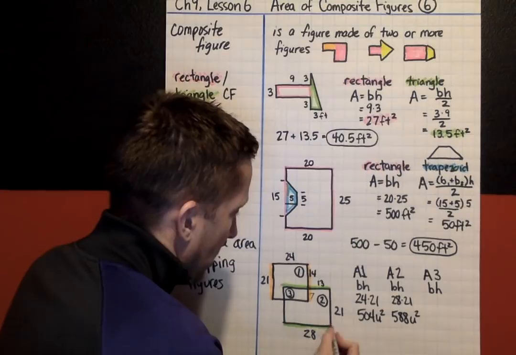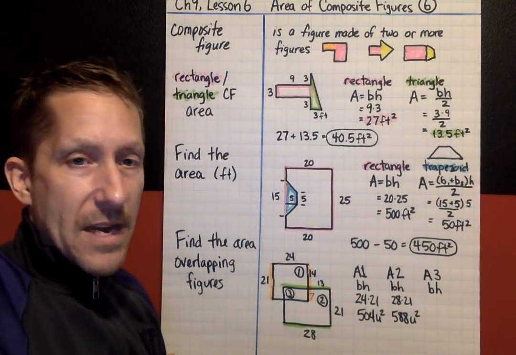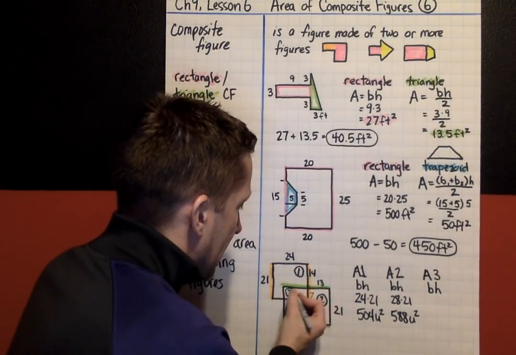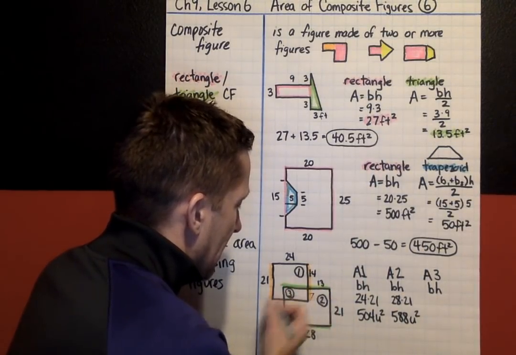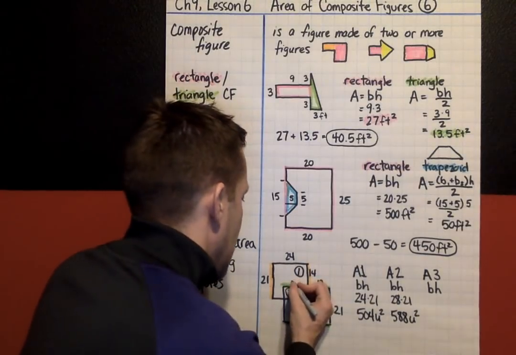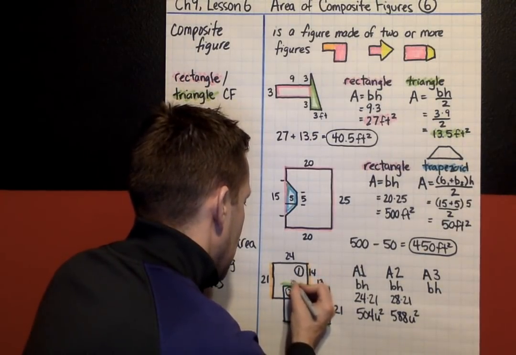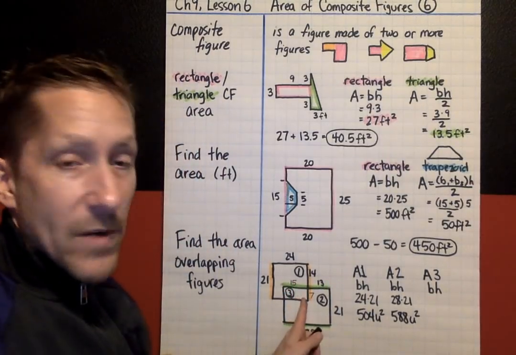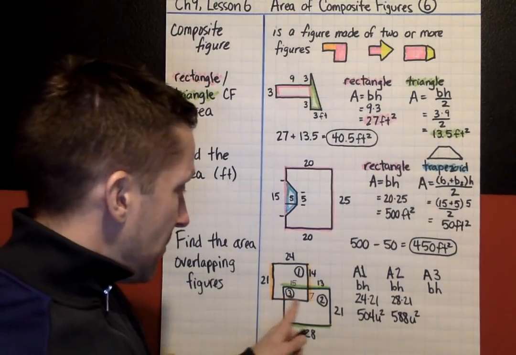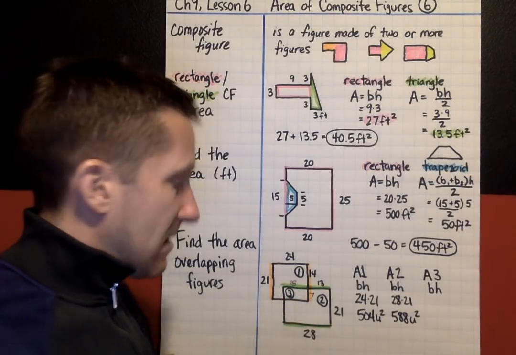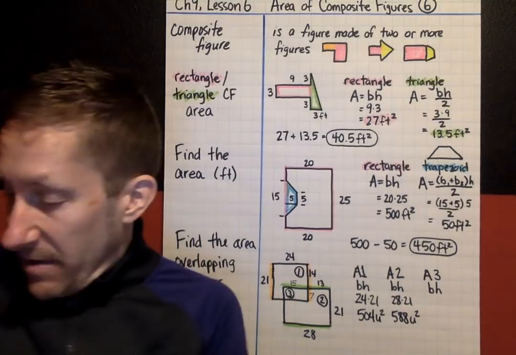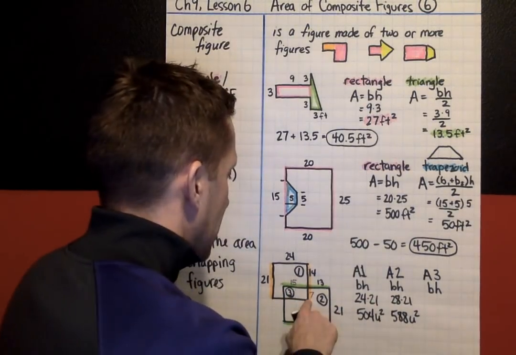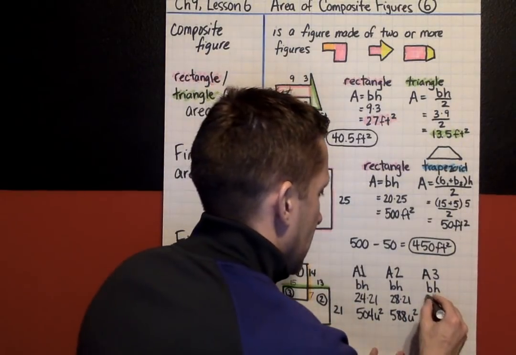If this green line is also 28, I need to do 28 subtract 13 to give me this part of the green line. 28 take away 13 is 15. So now I know the dimensions of rectangle 3. It is 15 by 7. That will give me the area of rectangle 3. Base is 15, the height is 7.